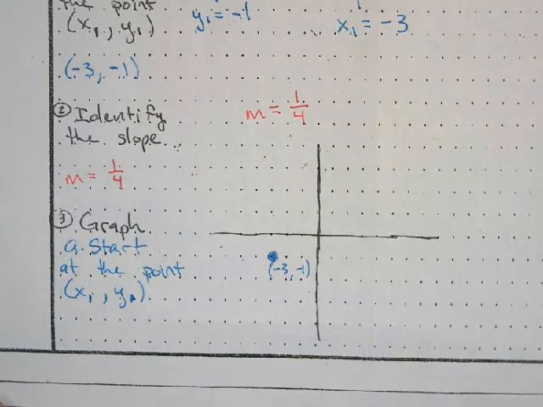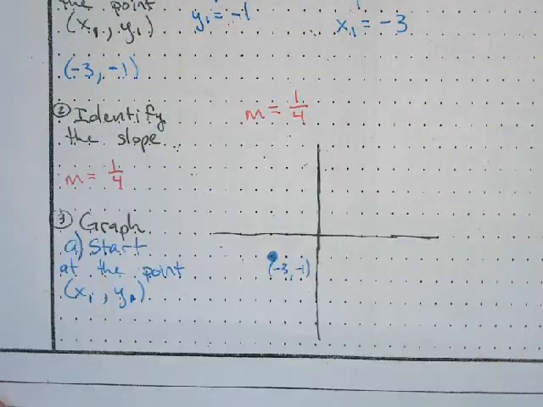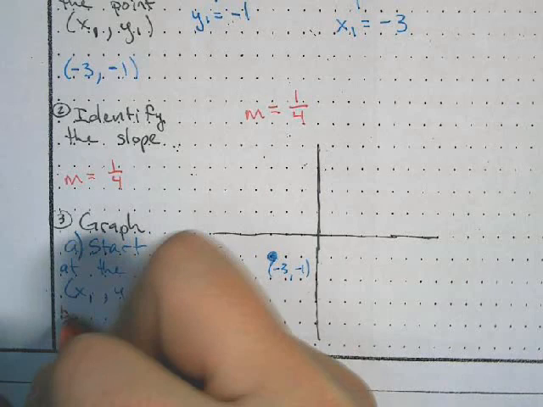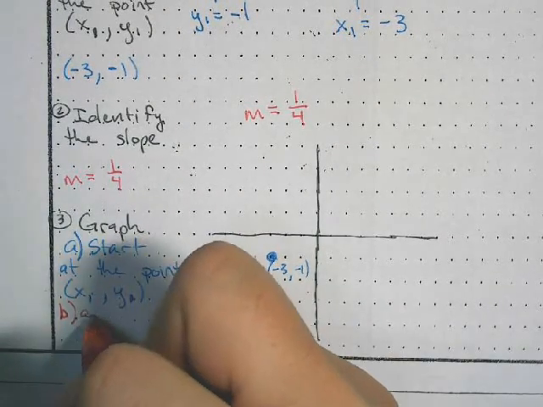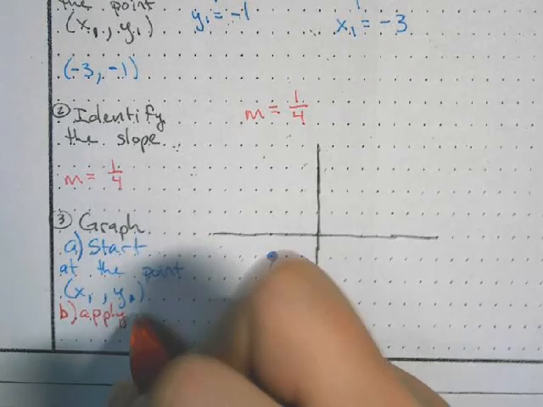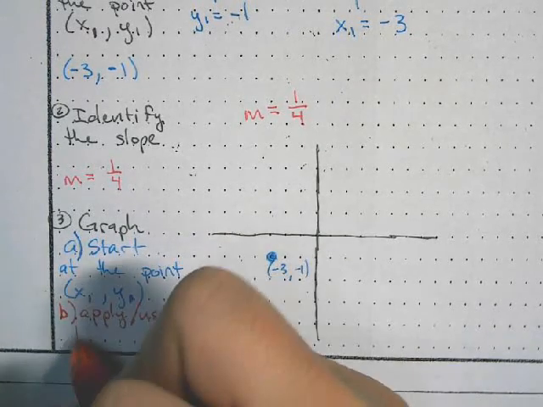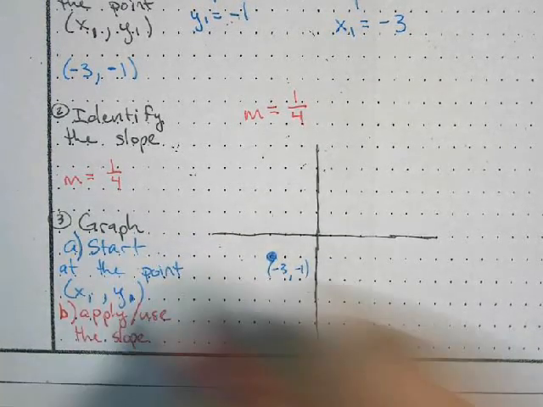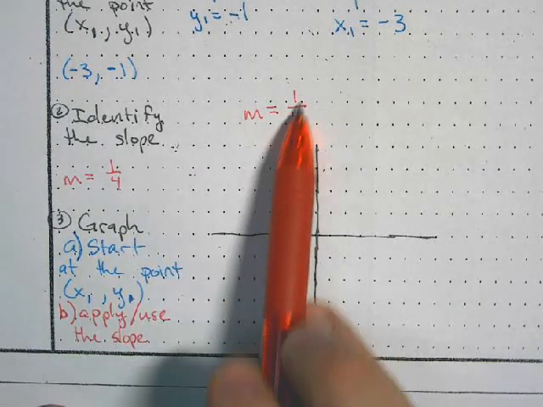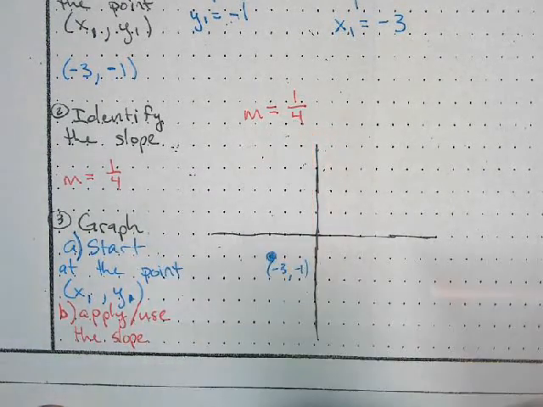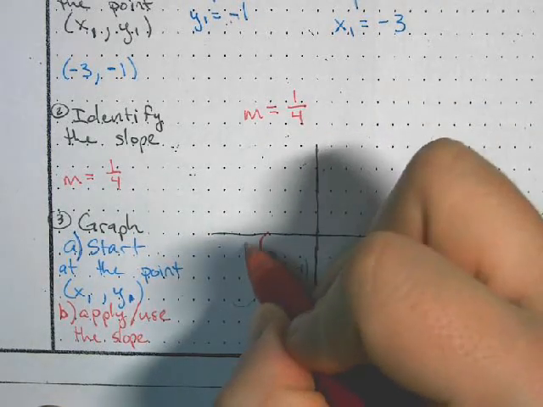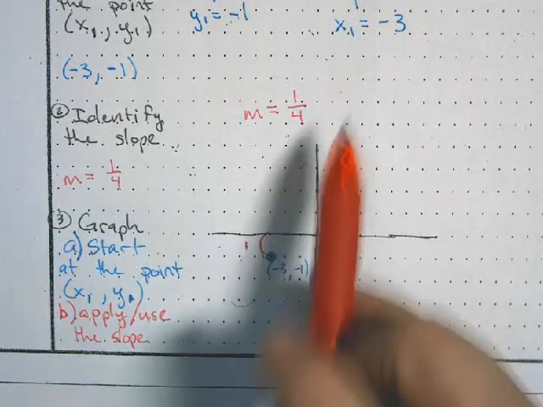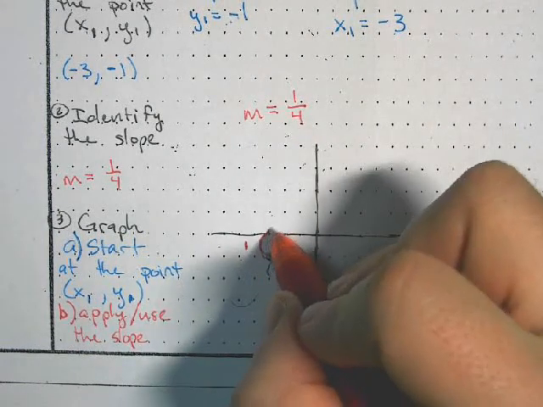The second thing we'll do is apply or use the slope. So we have our change in y over our change in x. Our change in y is a +1, and our change in x is a +4.